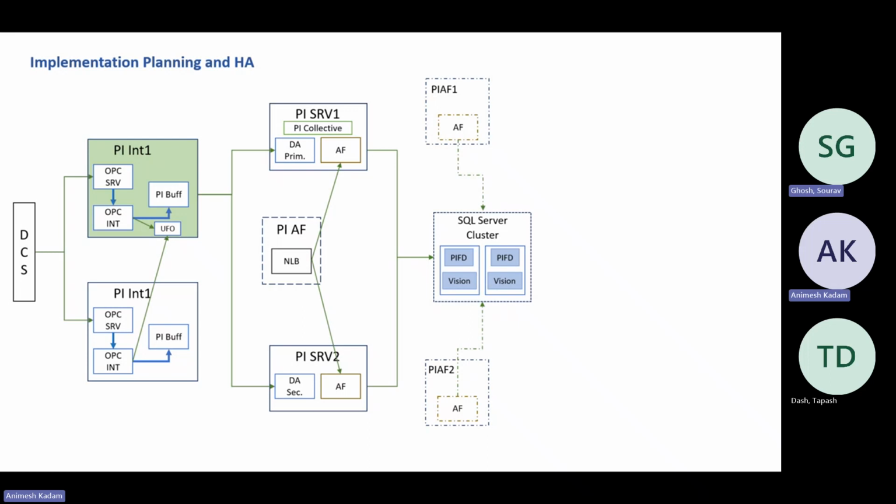So how is this NLB maintaining the performance of the system? This AF server, it is actually for the clients. Suppose I am accessing the AF, and one server goes down, then the load balancer will automatically move to the secondary server.